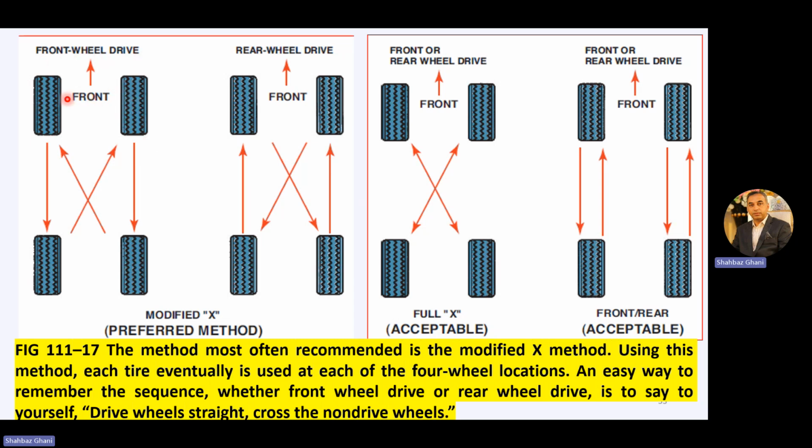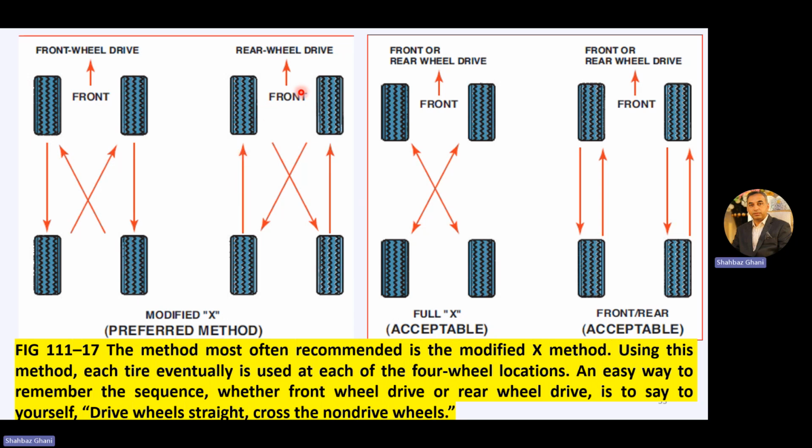This is your front. So the front right goes to the rear right, front left goes to the rear left, and rear left goes to the front right, and rear right goes to the front left. This is called the modified X or preferred method.